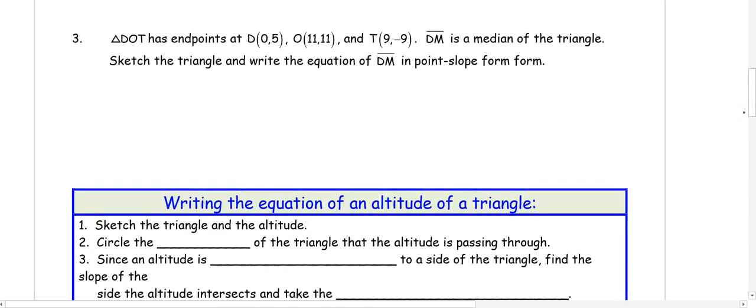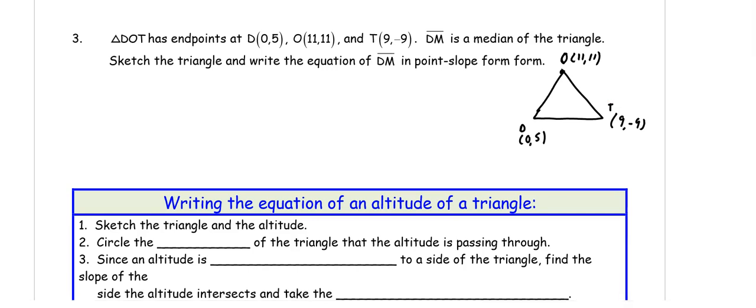Number 3, triangle DOT has the end coordinates. DM is the median. Sketch the triangle and write the equation of DM in point slope form. So again, I'm just going to draw my triangle. So I have D, which is at the coordinate (0, 5), O, which is at the point (11, 11), and T, which is at the point (9, -9). So I want to find the median DM.